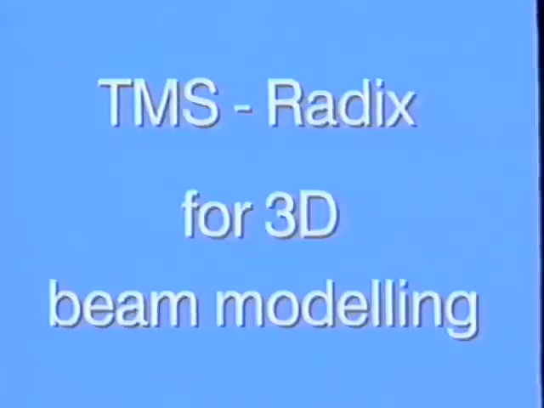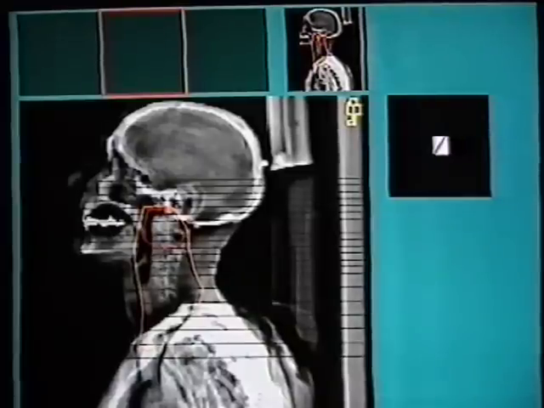Treatment planning of radiation therapy in 3 dimensions is handled by the second major part of TMS, TMS Radix. The defined target volumes are displayed in the lateral or frontal maps, which come together with the CT slices for each series.